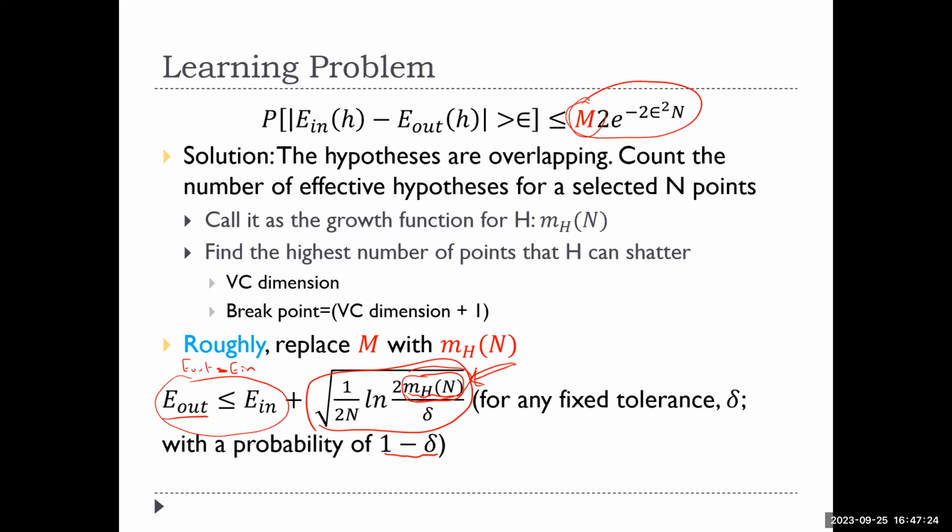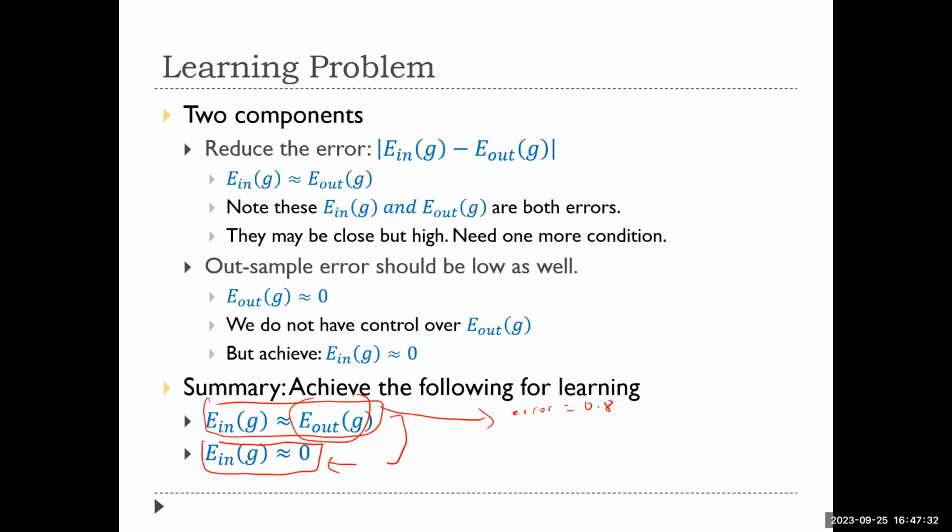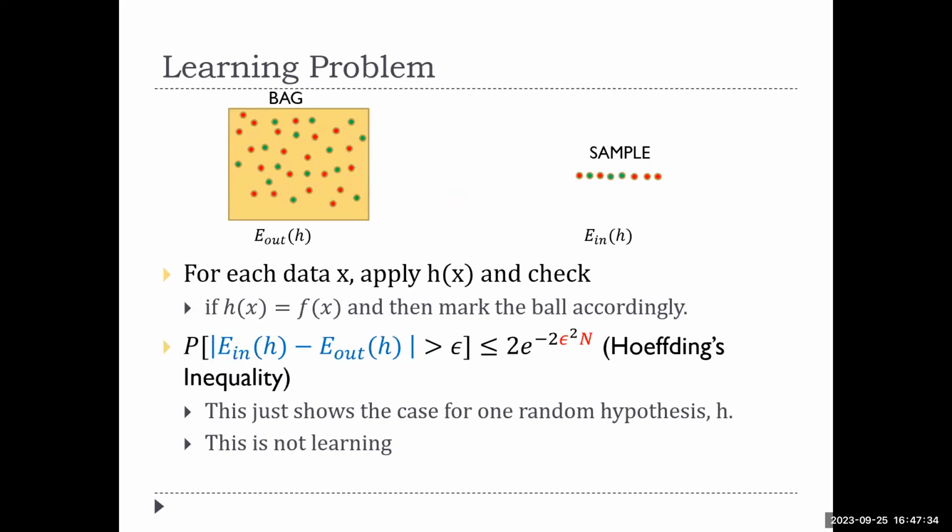What's M? M is the number of hypotheses. That's a very good question. I like your questions. Normally, for limiting the error for a single hypothesis, if you pick one hypothesis, the error could be limited with this formula.